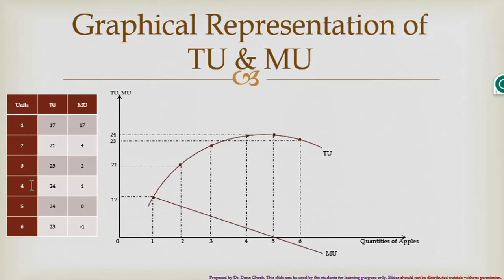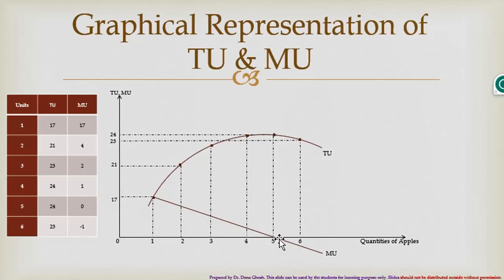Now if the consumer increased one more unit, that is the fifth unit of the ice cream, then definitely there is no change in the marginal utility. It means this fifth unit doesn't give any additional amount of satisfaction.